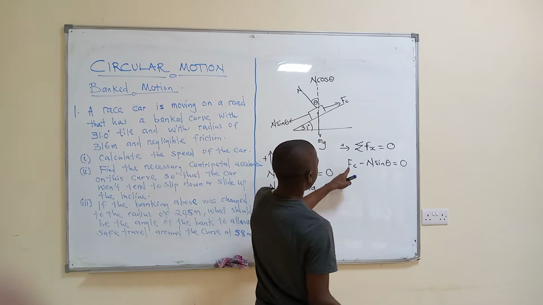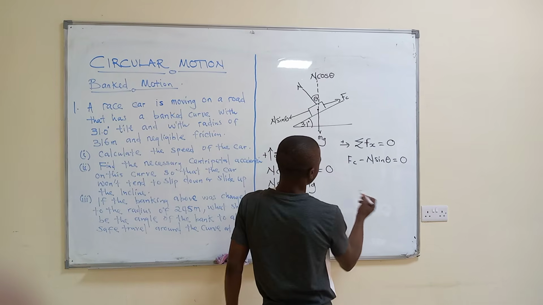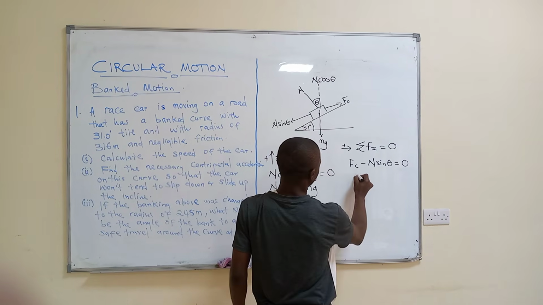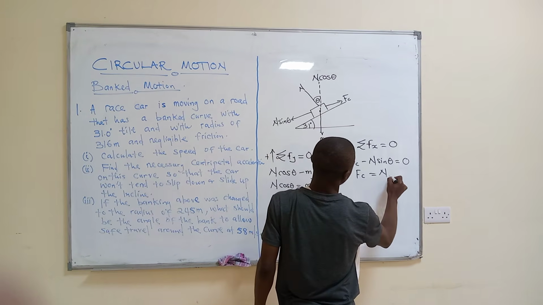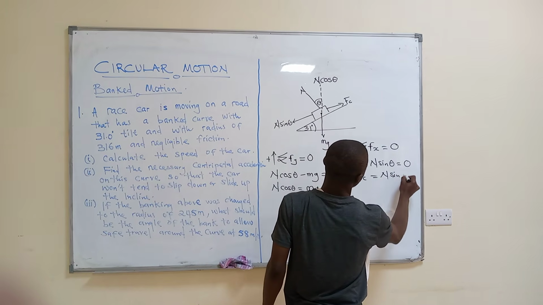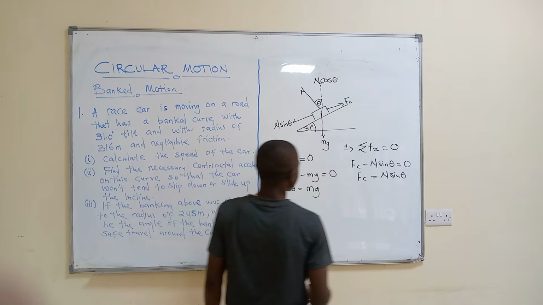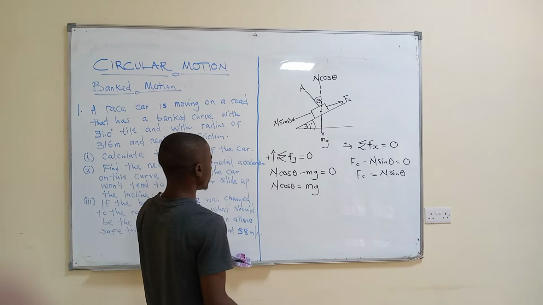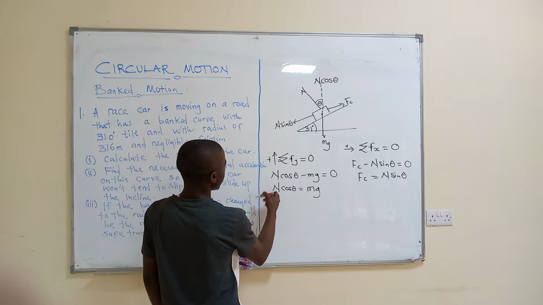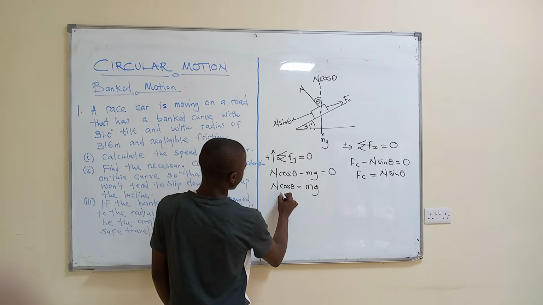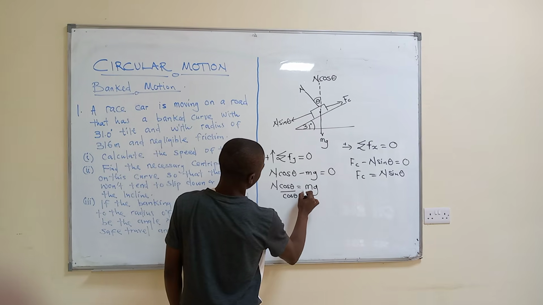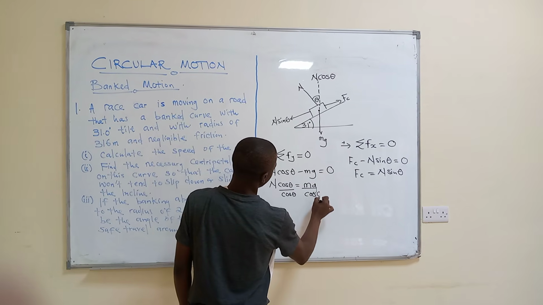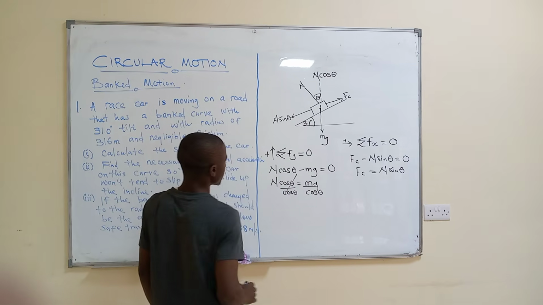So making Fc or centripetal the subject of the formula, that is Fc is equal to n sin theta. So what am I going to do? I'm going to make n the subject of the formula here by dividing with cos theta over cos theta. So I'll cancel there.